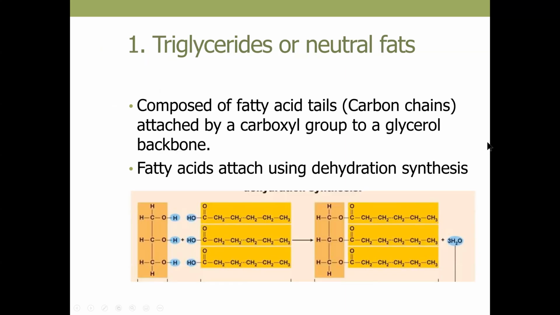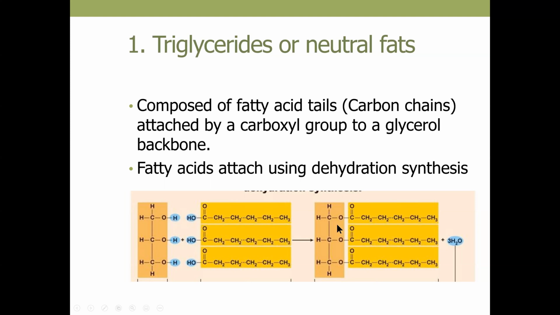A triglyceride is composed of a glycerol backbone and 3 long chain fatty acids. This is glycerol, and these are long chain fatty acids. And guess how we join them? Dehydration synthesis. We take a hydrogen from one side, an OH from another side, and take this out.